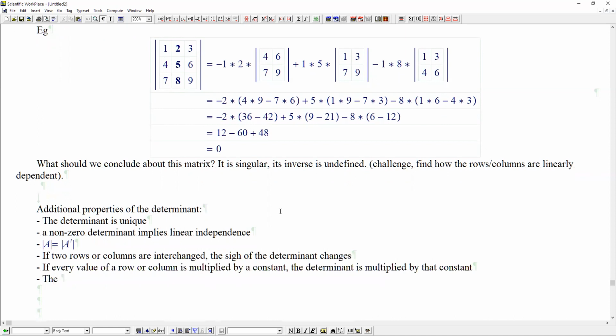The addition or subtraction of a multiple of any row or column from another does not change the determinant.